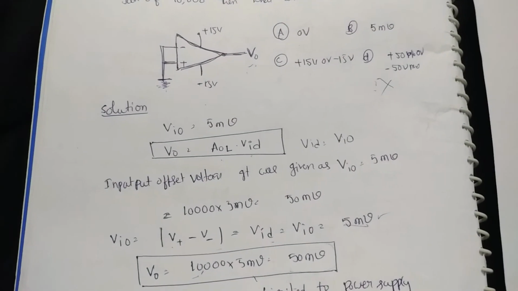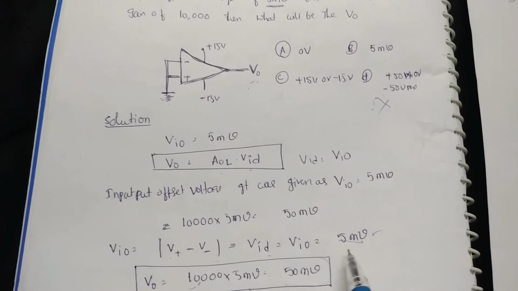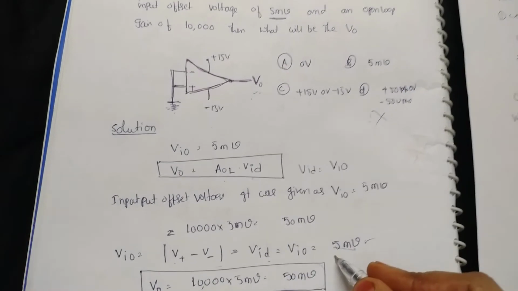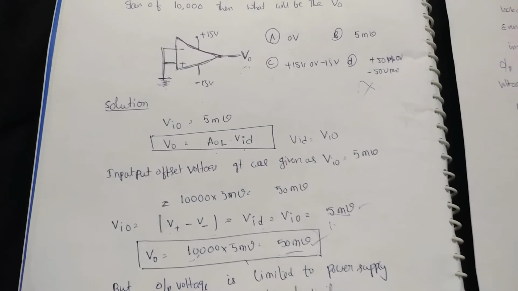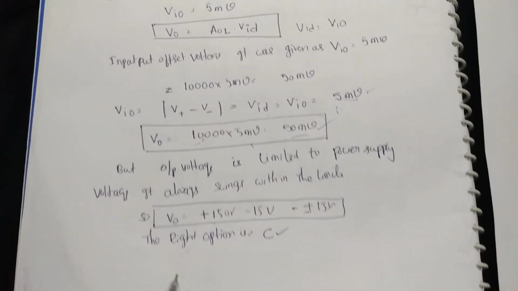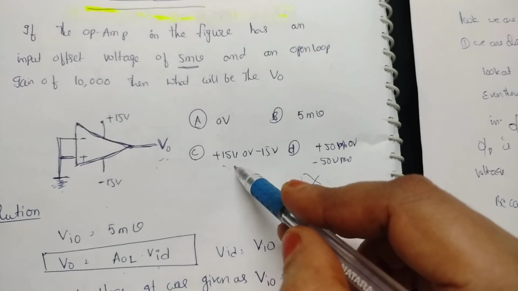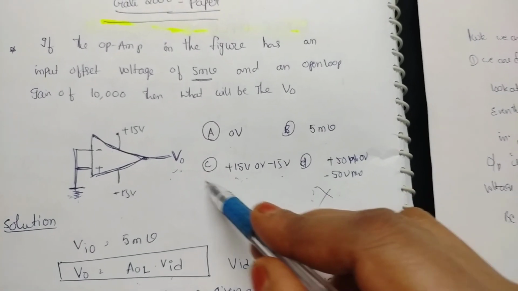So with this limitation, even though the calculated output is 50 volts, the output always swings from plus 15 to minus 15. So the right option for this question is plus 15 volts to minus 15 volts. So this is the right option.